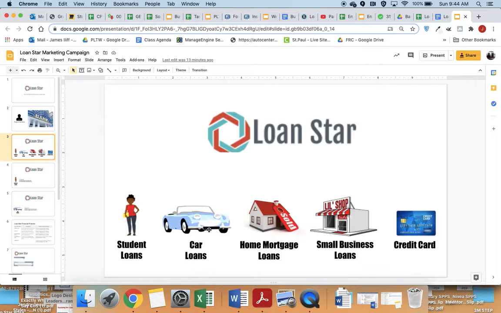Car loans, people buying new or slightly used cars oftentimes need a car loan. And so Lone Star will work with its customers to provide a car loan. Home mortgage loans. Home mortgage loans are when somebody is buying a home, not renting a home, but buying a home.